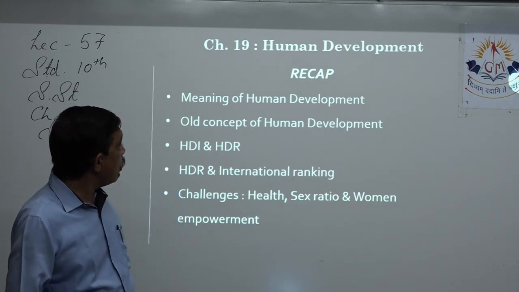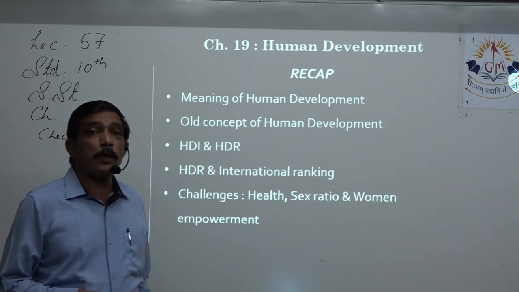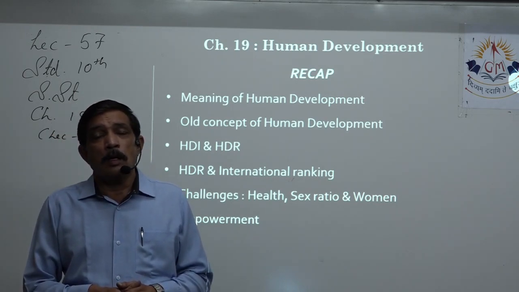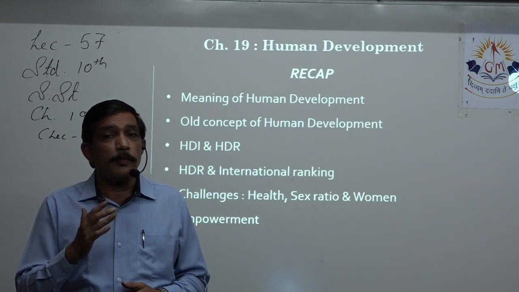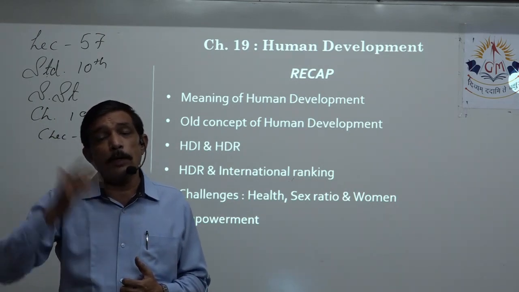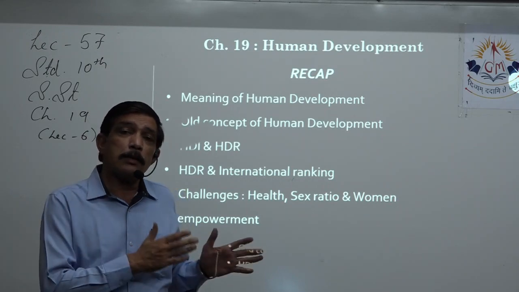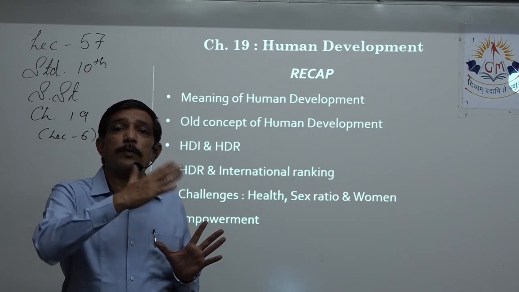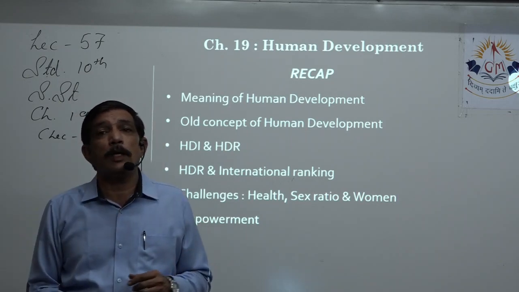Then we learnt about the old concept of human development, where the majority of countries believed that the more your national income, divided by the population, the more per capita income you have, and that national income and per capita income both keep on rising each and every year.